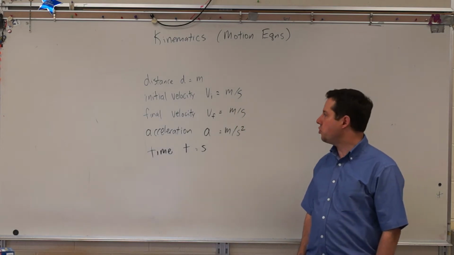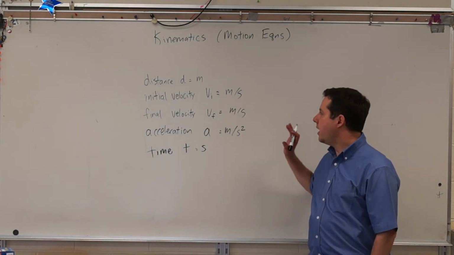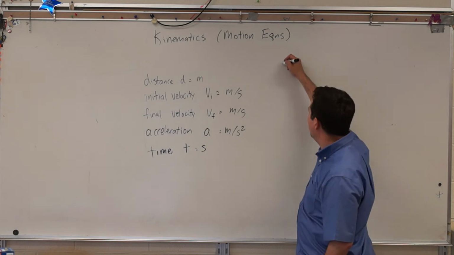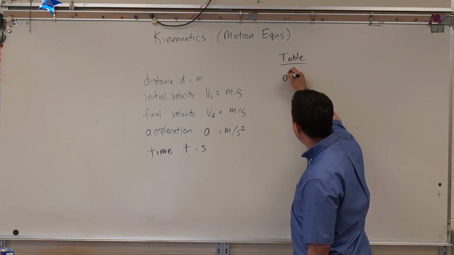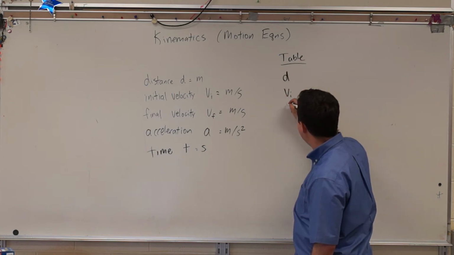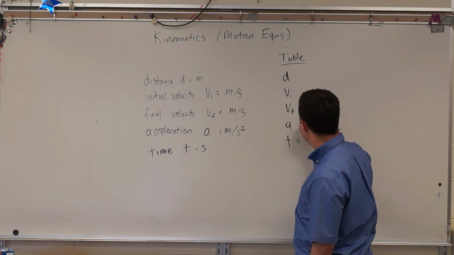So whenever you start a problem, it always helps to create a table with these variables. So this would be my table now, and I'm just going to say d, v sub i, v sub f, acceleration, and time.